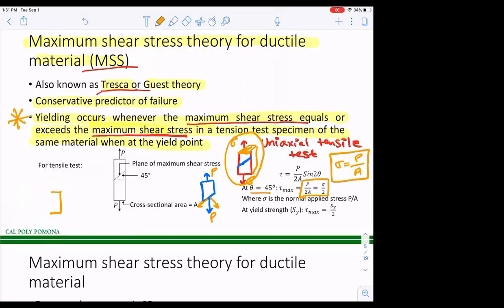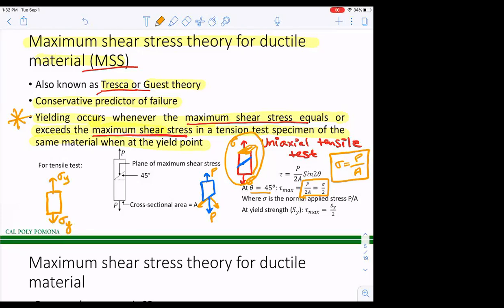So this is my test specimen and I'm pulling it with incremental load. So what happens once it hits the yield point? When it hits the yield point, then the normal stress becomes equal to what? Yield strength.